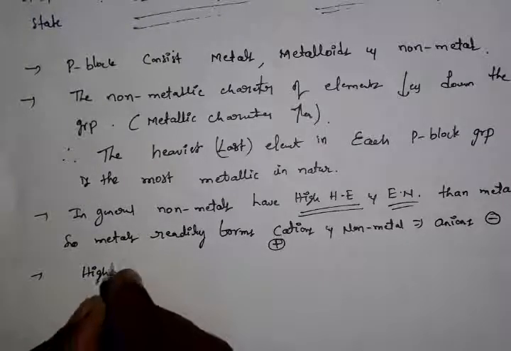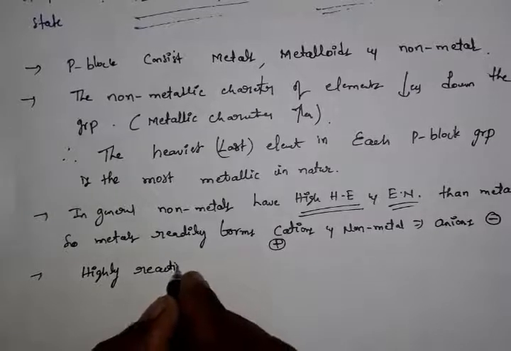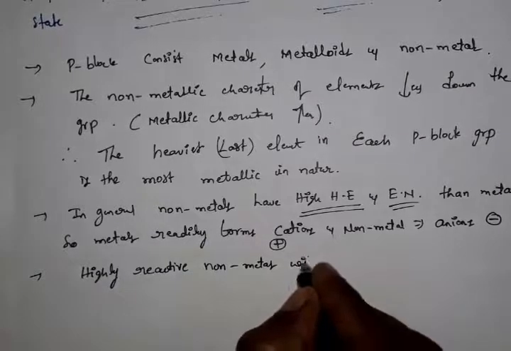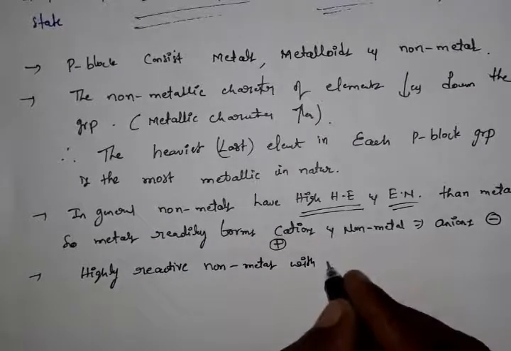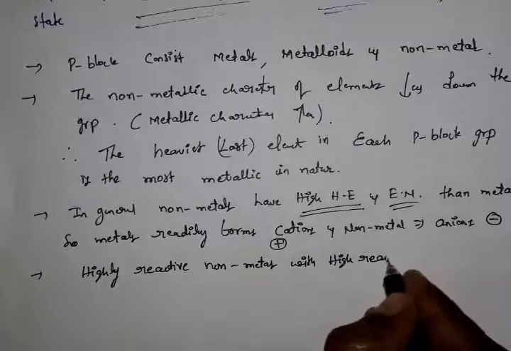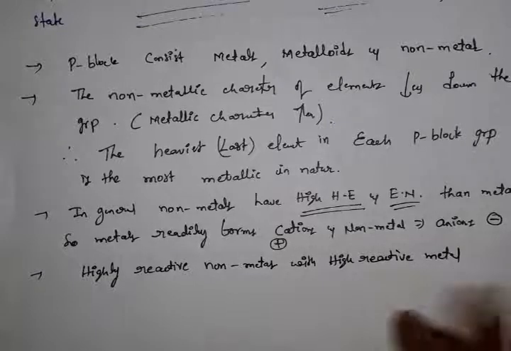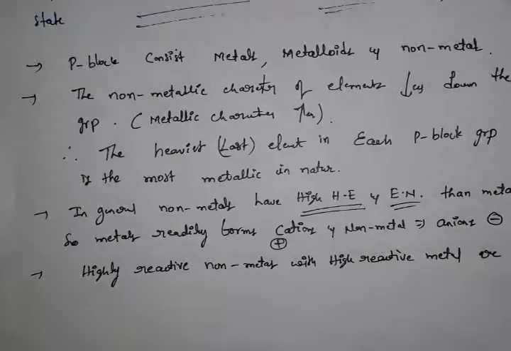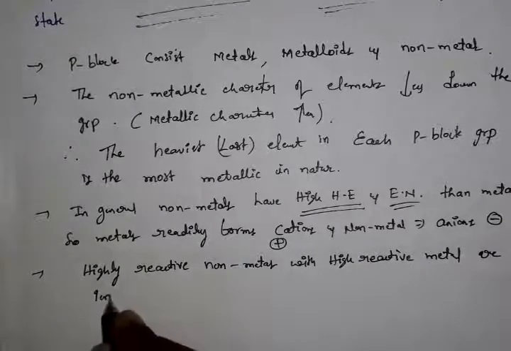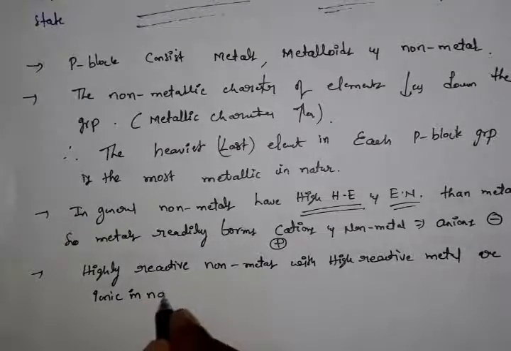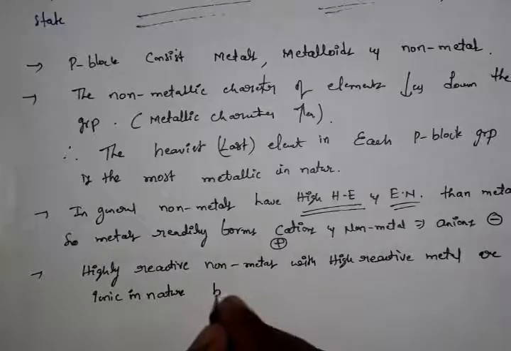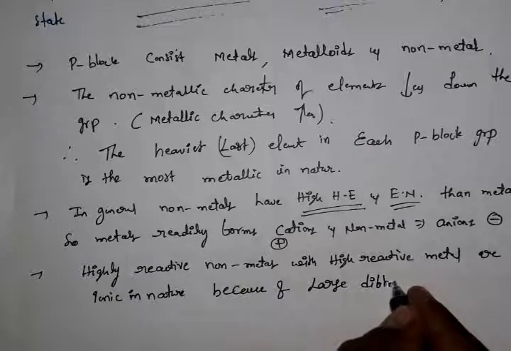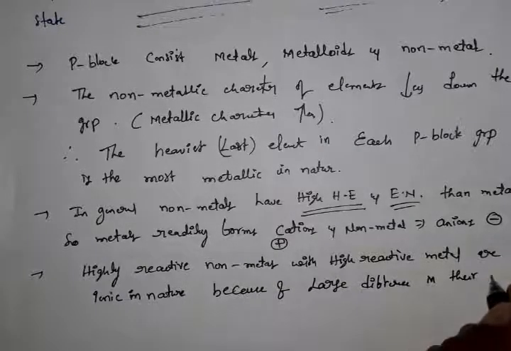Next, the compounds formed by highly reactive non-metals with highly reactive metals are generally ionic in nature, because of the large difference in their electronegativity.